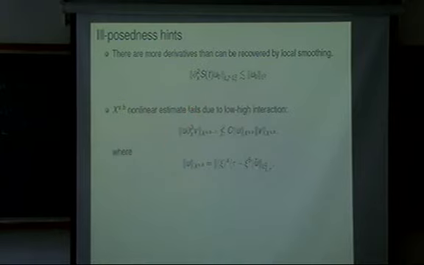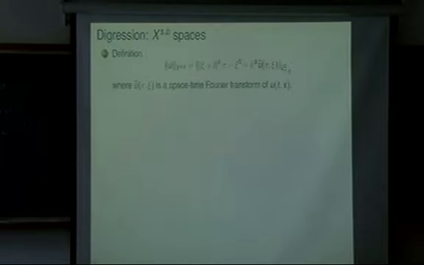Okay, so let me explain what the X^{s,b} space is first. The X^{s,b} space is, in other words, a dispersive Sobolev space.